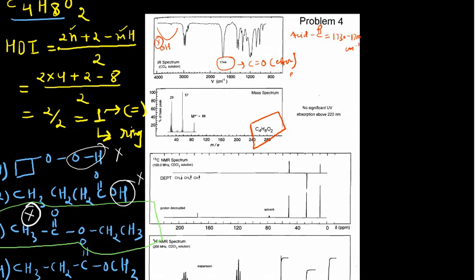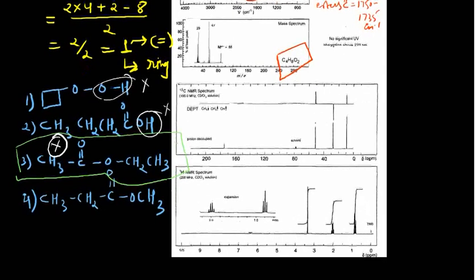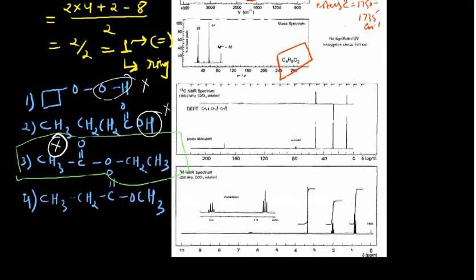For esters, the carbonyl frequency corresponds to 1750 to 1735 centimeter inverse, and you have the value 1744, which is in between. That means your compound is the ester. This you have to think. Now we can look at why this particular structure is the correct structure.